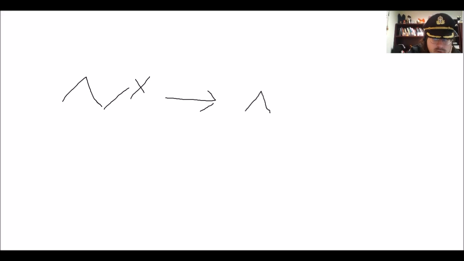So what does that mean? We could undergo two possibilities for the same reaction. Right here, first we lose the leaving group, and then the nucleophile joins, and that's the slow rate determining step.